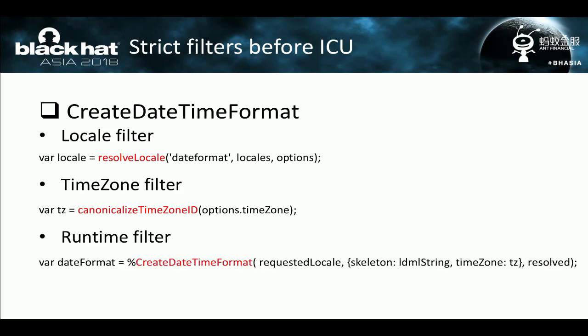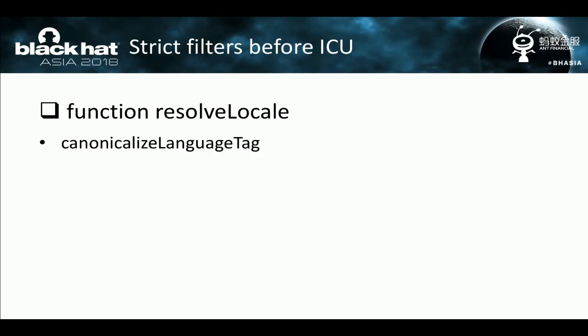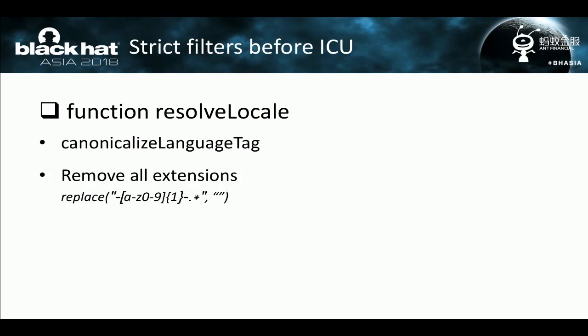The third filter is a runtime filter. The function is CreateDateTimeFormat with a % sign as a prefix, which means it is a C++ function that can be called from JavaScript. In the first filter, resolveLocale, it calls canonicalizeLanguageTag and then removes all the extensions and checks whether the locale is in the availableLocales array.